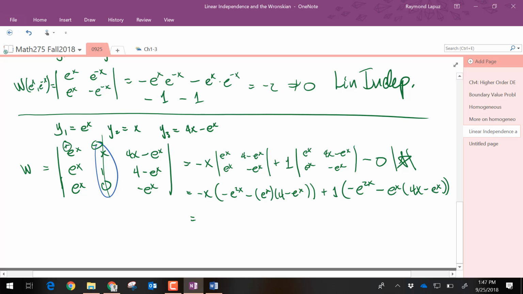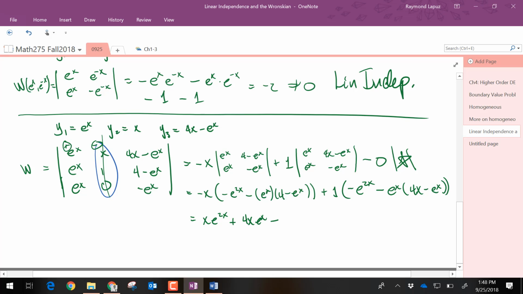This is negative, negative is a positive, x e to the 2x. I'm going to do a couple of multiplication steps here. Negative, negative, that's positive, 4x e to the x. Distribute. And then here I have negative, negative, negative.